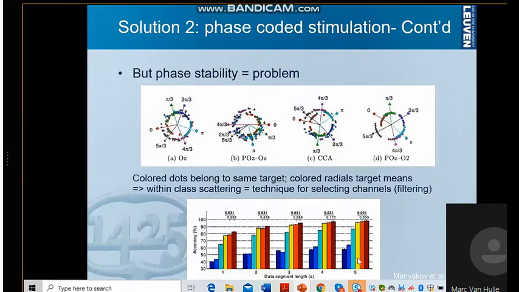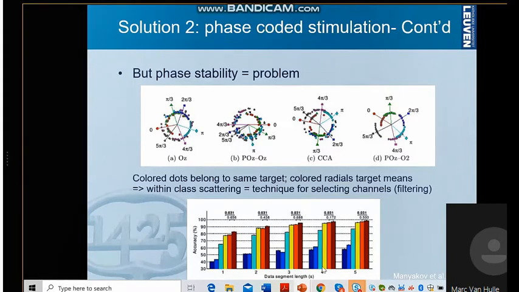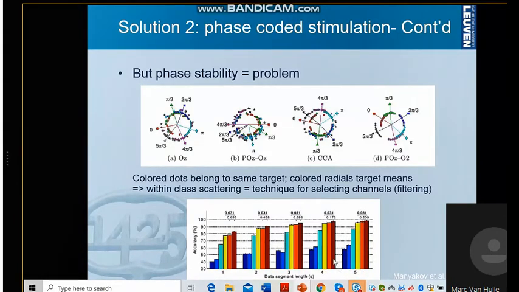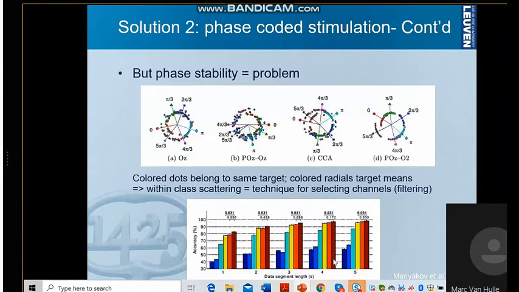What is reported in papers is always like that. Different bars indicate different methods. The accuracy here is a function of the recording length, of 1 second, 2 seconds, 3, 4, 5, and the longer your recording sessions, the better the accuracy, of course.